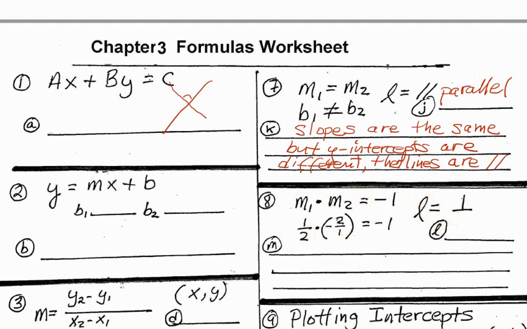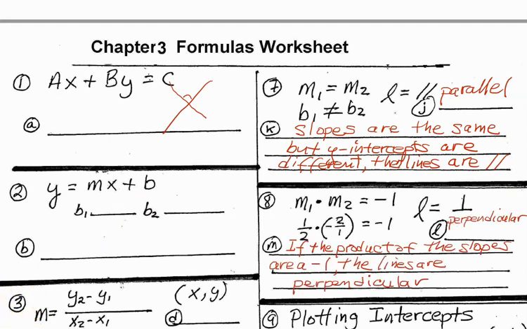So let's summarize that. So something like this. Now, the inverted capital T is the symbol for being perpendicular. And if the product of the slopes is a negative 1, when you multiply the slopes together you get a negative 1 as a result, then the lines are perpendicular.